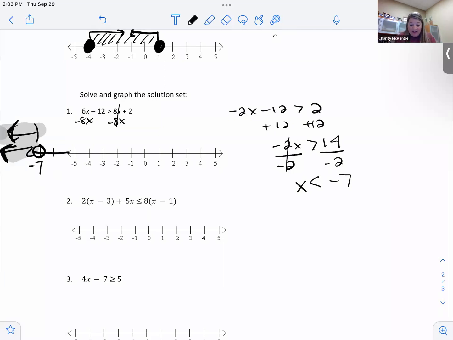Well, maybe negative 8. So I can do a little check over here and I can say, okay, 6 times negative 8 minus 12, is that greater than 8 times negative 8 plus 2?